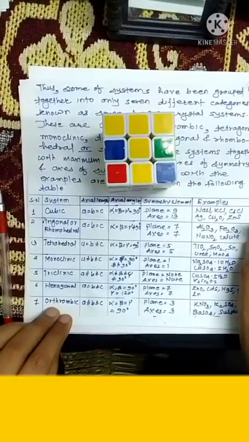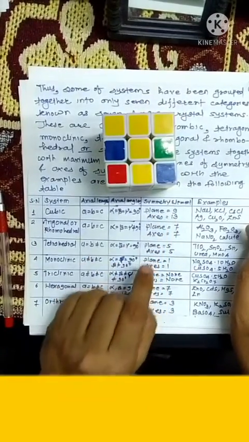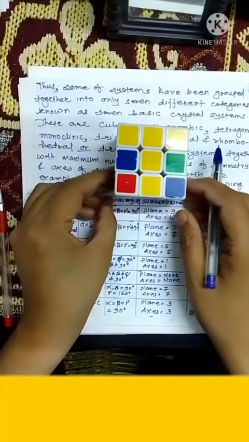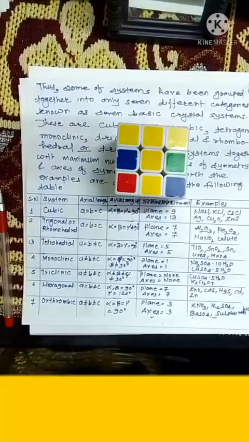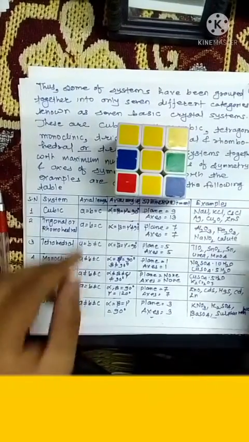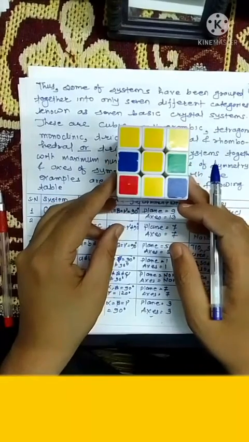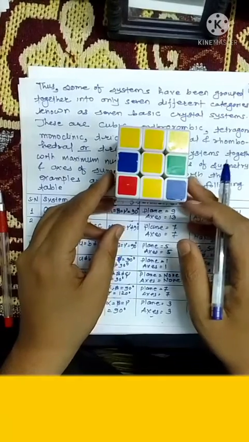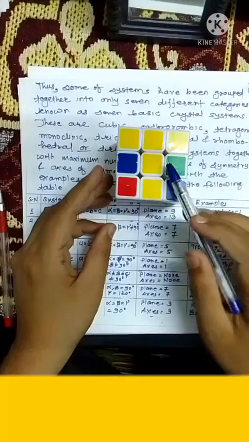Now I am going to show you the meaning of 9 planes of symmetry. Previously we discussed that a plane of symmetry means an imaginary plane which can cut your crystal into 2 equal halves. So there are 9 such planes present in your cubic structure.